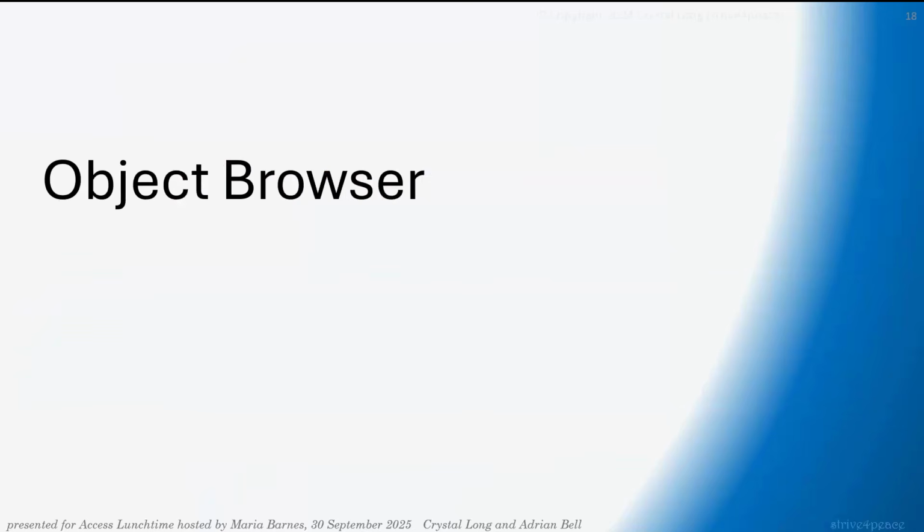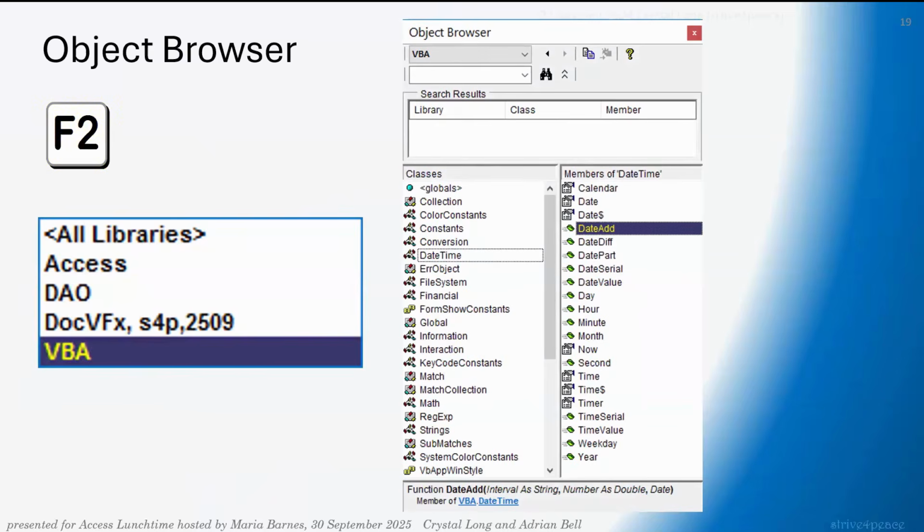Another way you can find out information is with the object browser when you're in VBA. So if you press the F2 key, up here at the top, this drop down is what library you want. Like all libraries is the default, or you could pick Access or DAO, this is the name of my database, my project name of my database, or VBA, or whatever references you have.